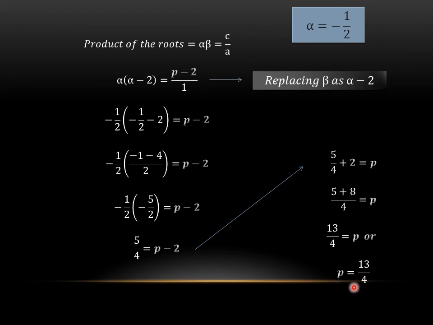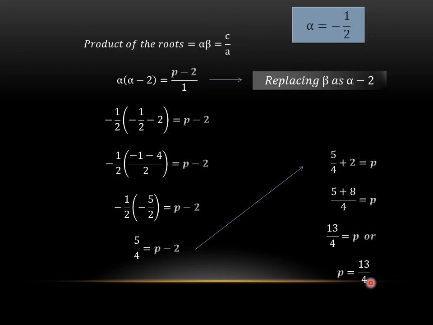In these questions, we had to find the values of p. So the first value was found in part 1, and the second value in part 2 is 13 by 4. So always remember, whenever a question of differ by is given to you, you won't use beta. You will always replace beta according to the given condition. Whatever the number after differ by is given to you, you will write it with alpha.